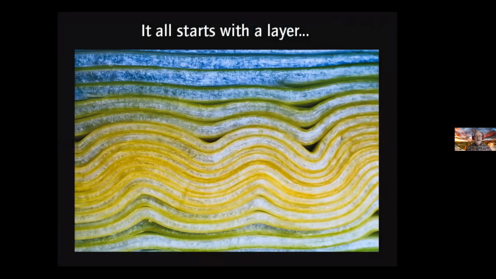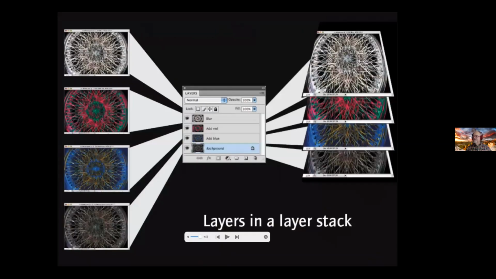We're going to go back to some of the basics of layers, and the point of doing this and bringing your processing through Photoshop is that you can put each raw processed version as a layer. This photograph that I made of a leak in our kitchen is sort of an illustration of layers.